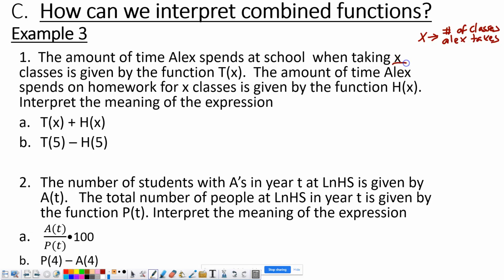What does t of x represent? Well, that's the amount of time he spends at school. So t of x is time spent at school.